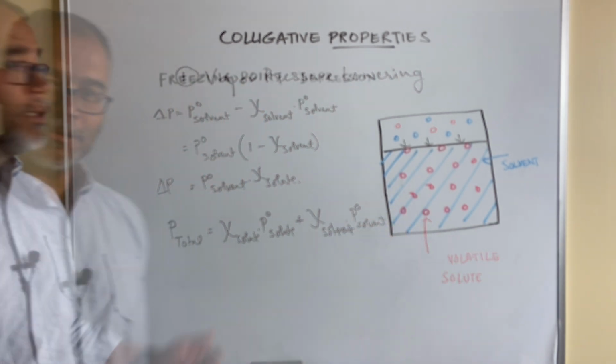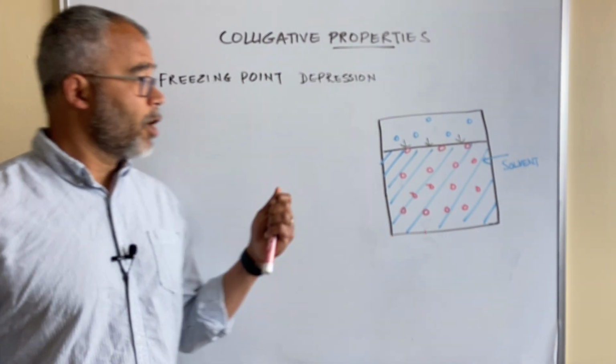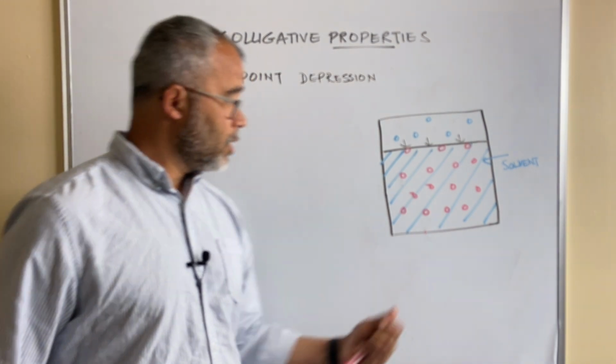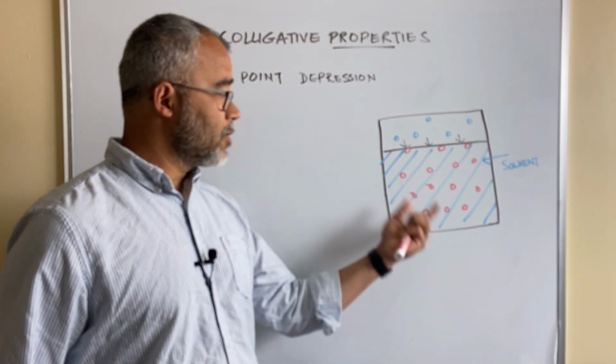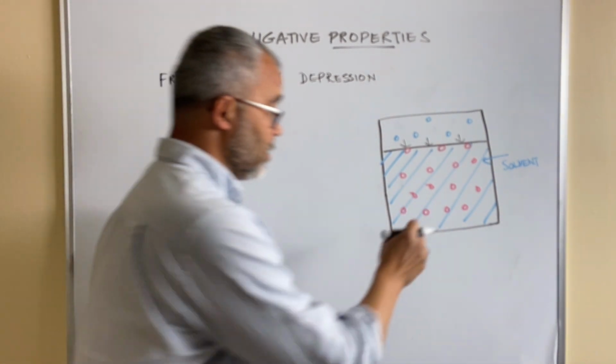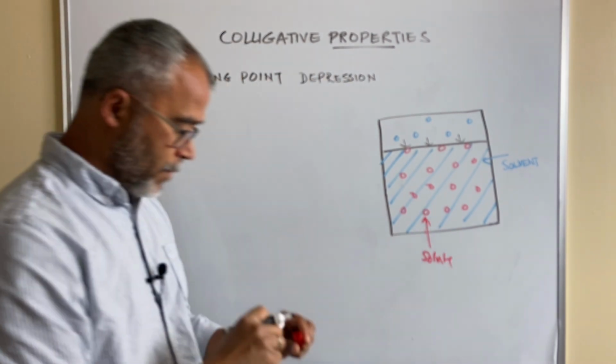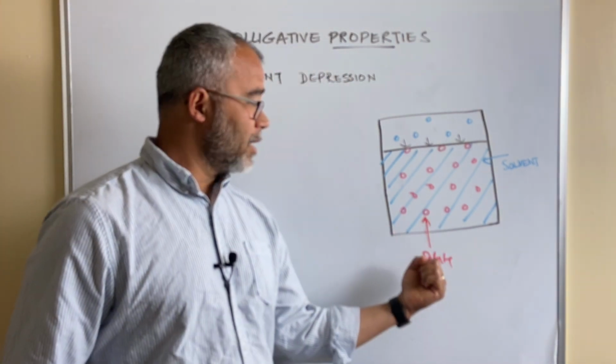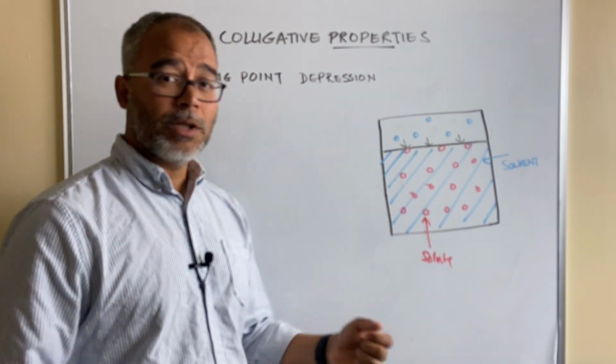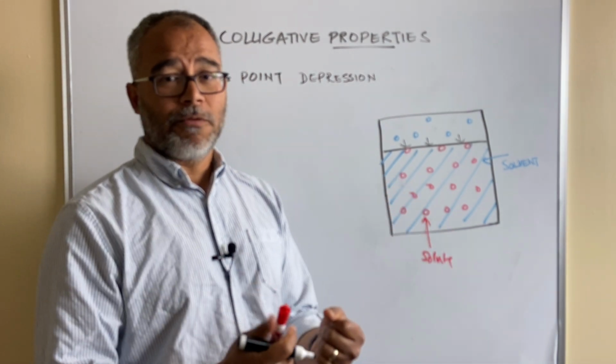Let's try to understand what freezing point depression is. If you pay attention to this diagram here, you'll see you have a solvent, which is the blue, and then you have the solute here. Now, if you're trying to freeze this, in the absence of the solute, you're going to observe a certain freezing point.